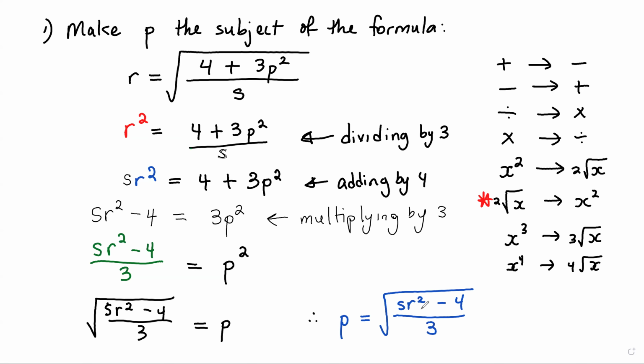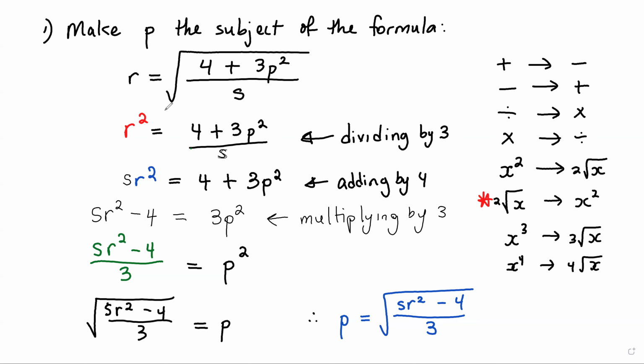That's your answer. So to go over again what we did, you had R is equal to the square root of 4 plus 3P squared all divided by S. The first thing you need to do is get rid of that square root, because P is inside of that whole square root thing.